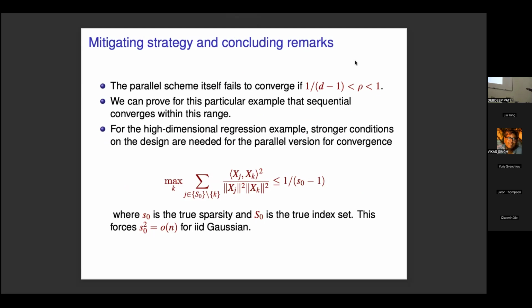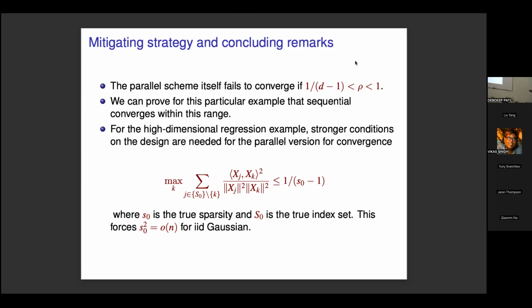Now, going back to the regression example, we can show that under Gaussian design, again, we are not looking at correlated design, which brings up another can of worms, but at least under Gaussian design, if the sparsity squared is small o of the sample size, then the parallel version will contract.